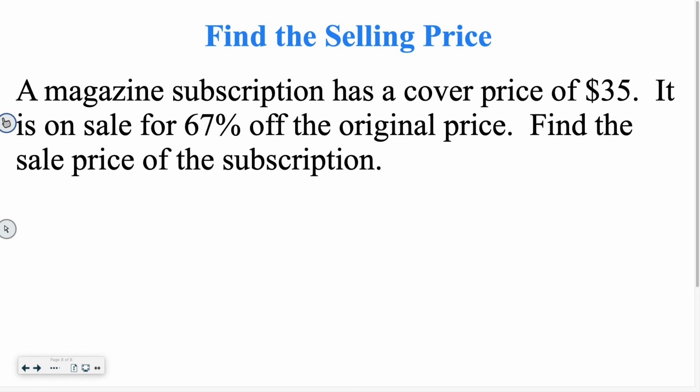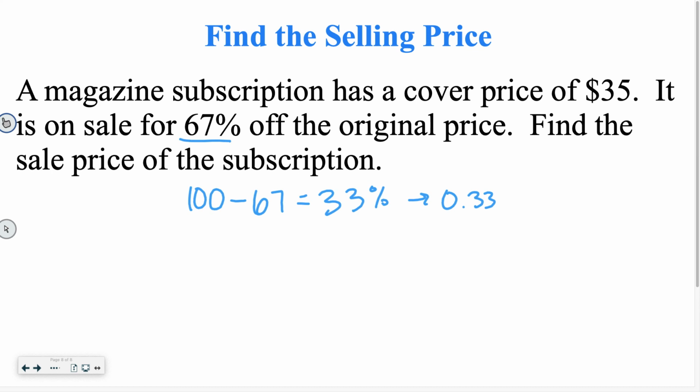We have a magazine subscription that has a cover price of $35. It is on sale for 67% off the original price. Find the sale price of the subscription. So again, I do 100 minus whatever my discount is. So 100 minus 67 tells me that I'm going to pay 33%, or 0.33.